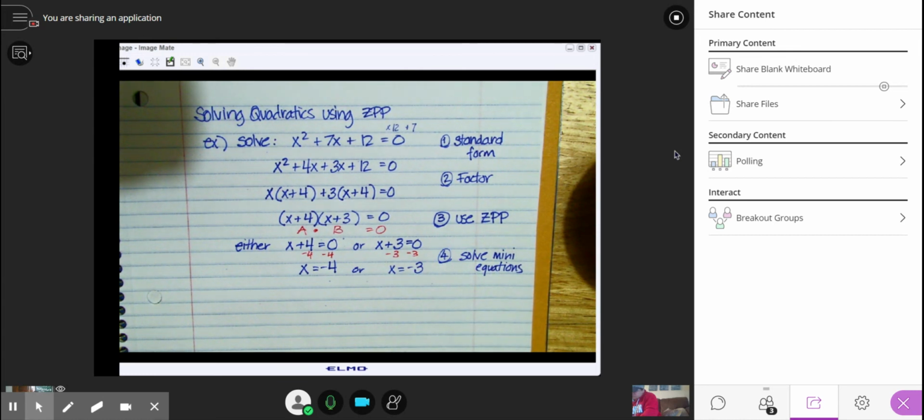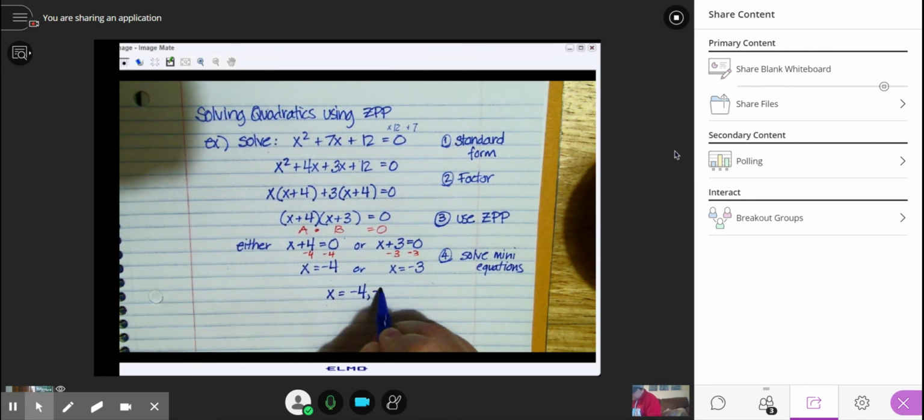We are solving those mini equations to get x is equal to negative 4 or negative 3.